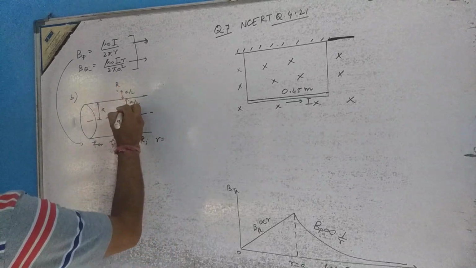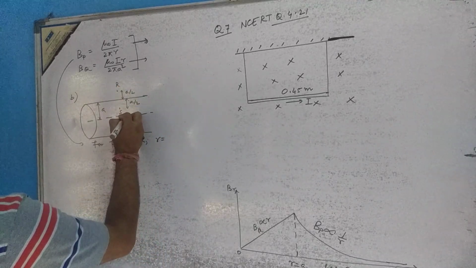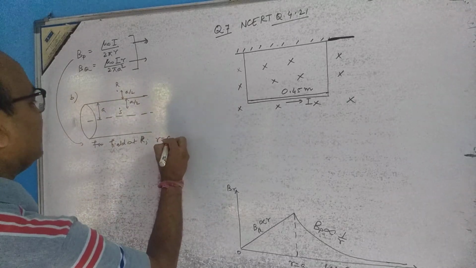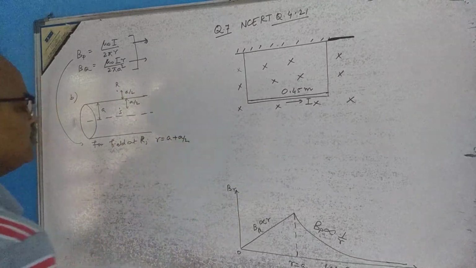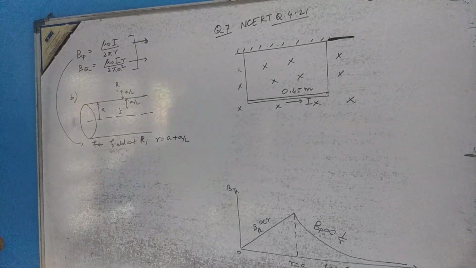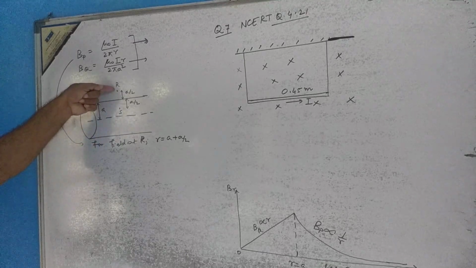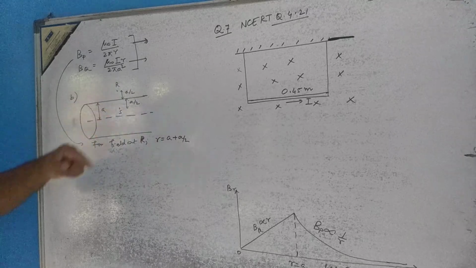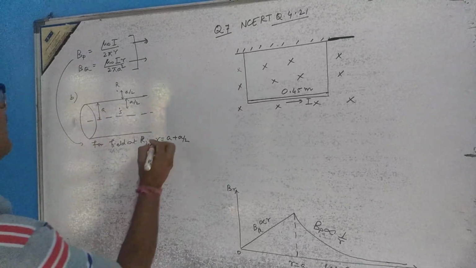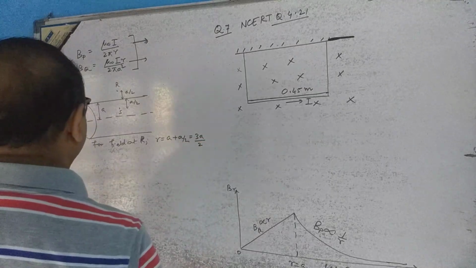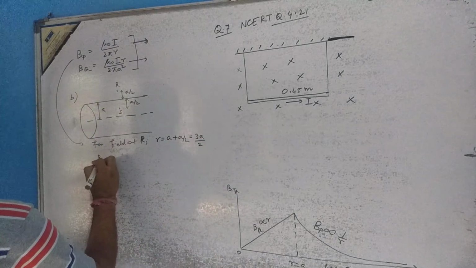This whole distance from the center is R. So R will be A plus A by 2. I hope you got it, because R is always taken from the center of the wire. So from the center to the point capital R, how much will it be? A plus A by 2 means thrice A by 2.